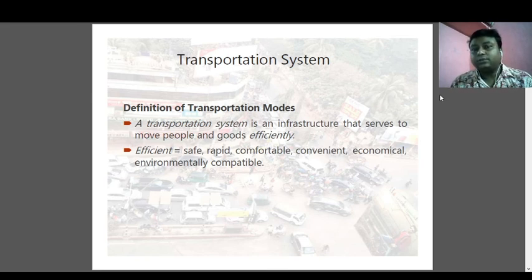Efficiency here means comfort, safety, economy, convenience, and feasibility. These terms have a significant impact on the transportation system.